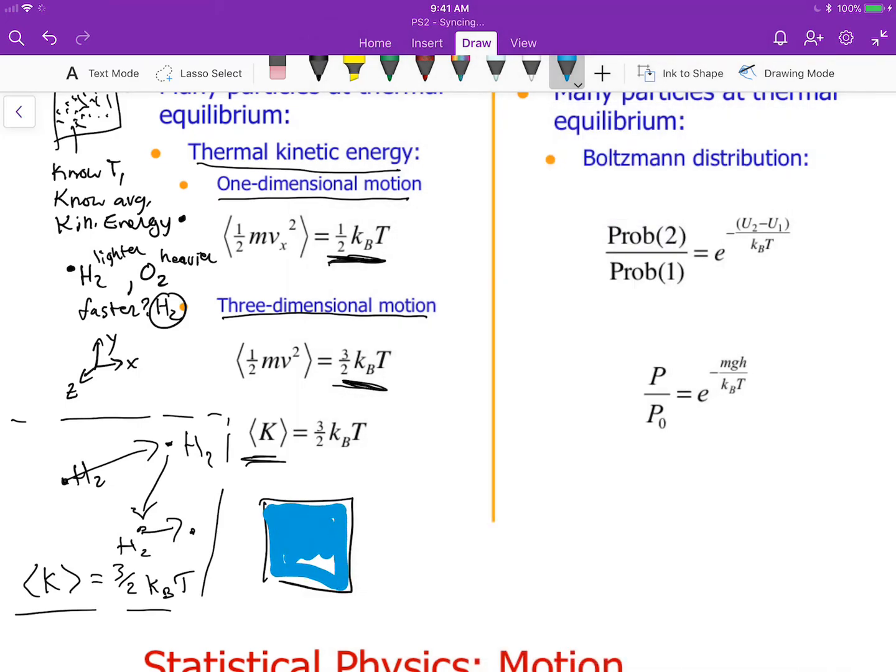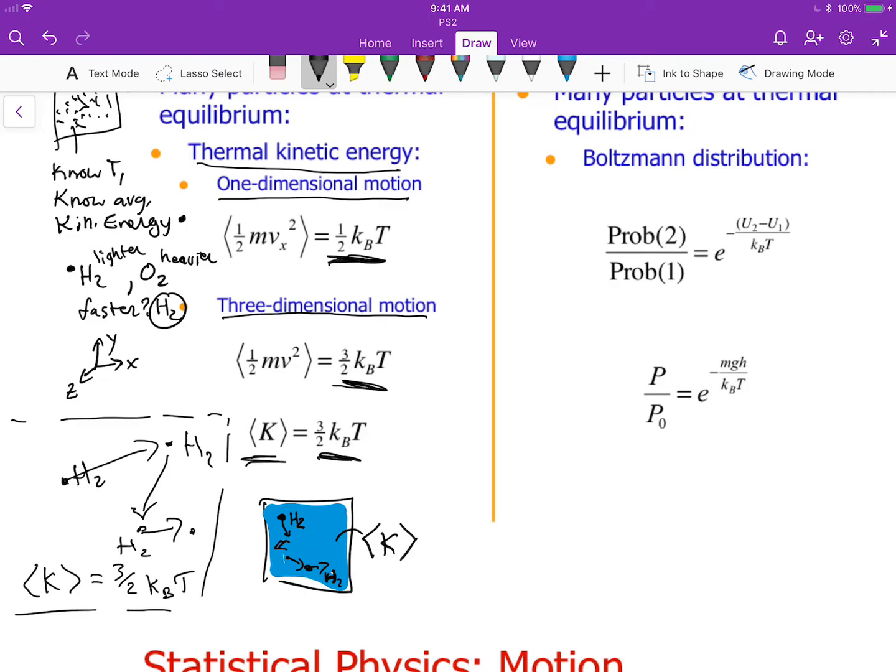Now, what if instead we had a box, and in this box we put some water, and then we take an H2, and it's going to be a little bit denser, but it's going to bounce around in here like this. So this is still the same H2 molecule bouncing around in here. What is the average kinetic energy for that H2?